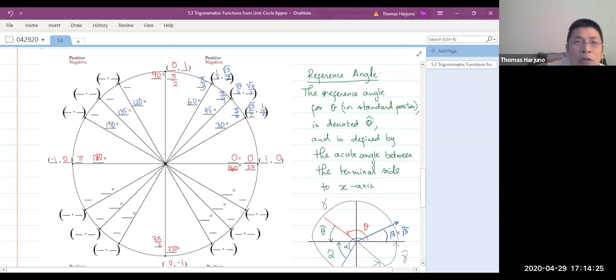Now notice that, for example, this 120 degrees has the same reference angle as 60 degrees. The angle here is 60 degrees. This is the reference angle, 60 degrees. But the coordinate corresponding to 60 degrees in quadrant 1 is this, 1/2, comma, radical 3 over 2.